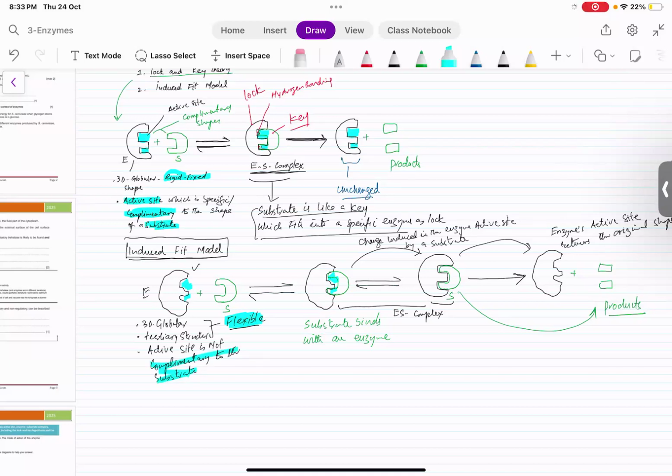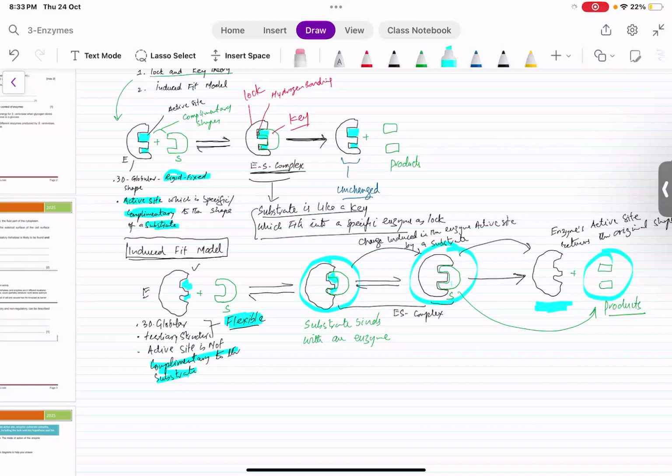And once the substrate binds with an enzyme, it induces a change in the shape of the active site so that the enzyme has a complementary shape to the substrate, and the substrate is an exact fit or precise fit into the active site of an enzyme. And after the substrate is converted into the product, the enzyme returns to its initial shape, so it is unchanged at the end of a chemical reaction.